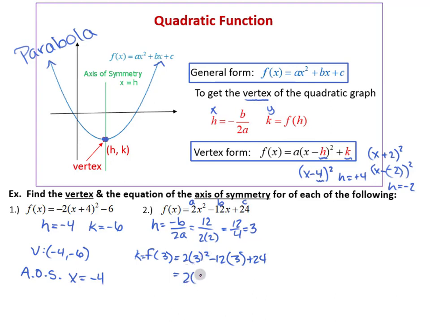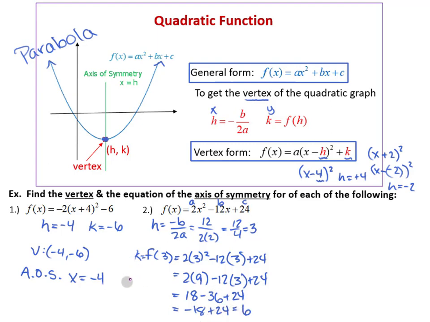So we're going to have 3 squared, which is 9. It's a 9 there. Minus 12 times 3 plus 24. Now we can multiply. 2 times 9 is 18. -12 times 3 is -36 plus 24. 18 minus 36 is -18, plus 24 is +6.